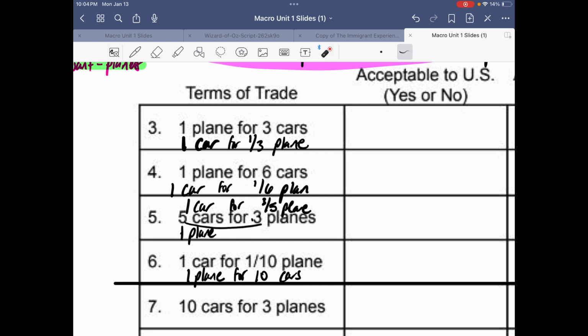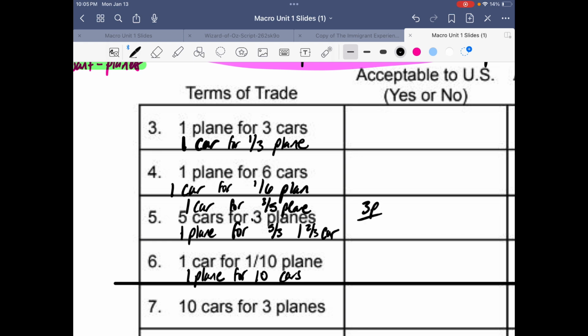Output, other goes over. So it would be for, just can't win today, for 5/3 or 1 2/3 of a car.